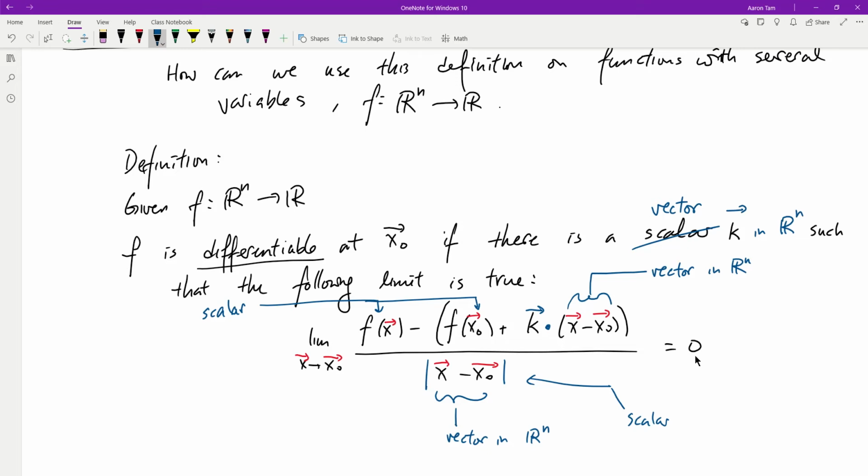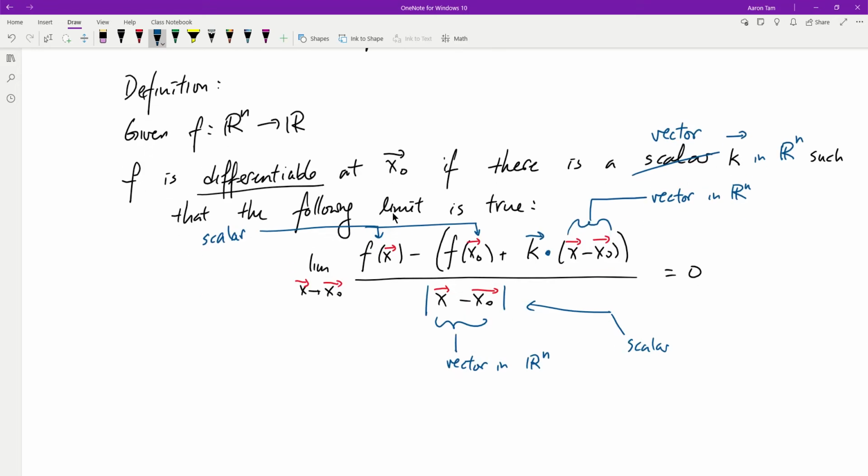And so now we have that equal to 0, which is a scalar. So this definition defines what is differentiable, is that our derivative actually has to be a vector, not a scalar, in the case of a function with several variables. That is extremely important to understand.